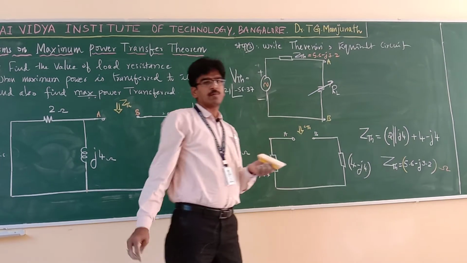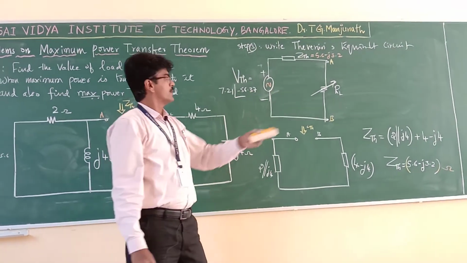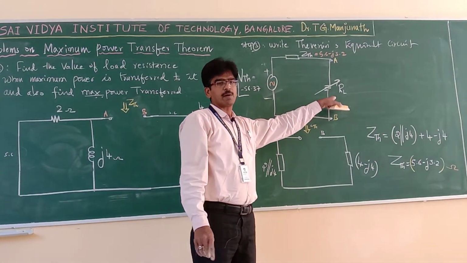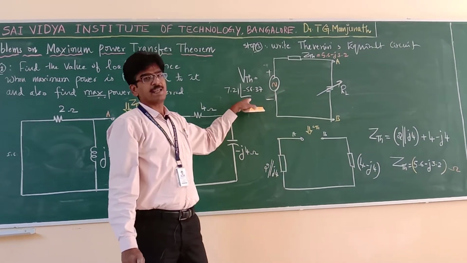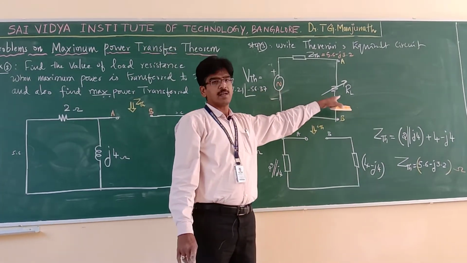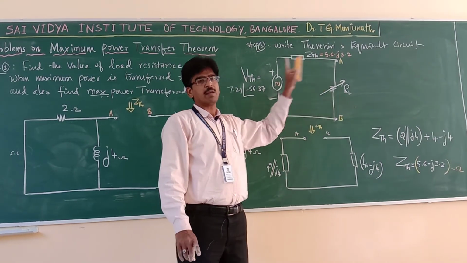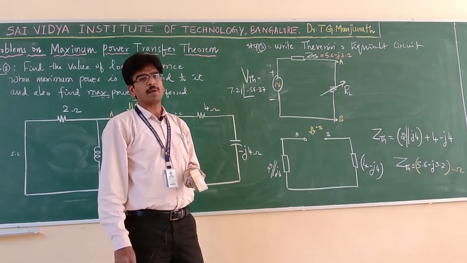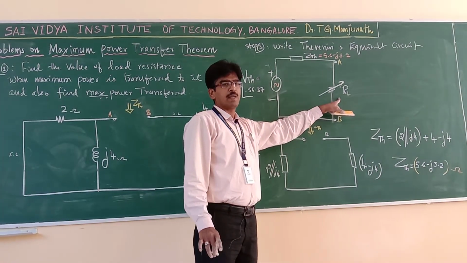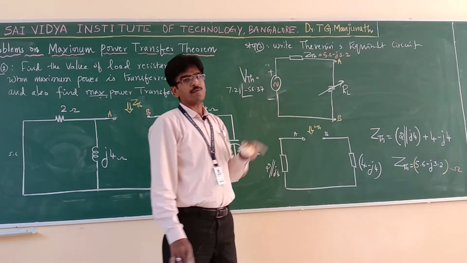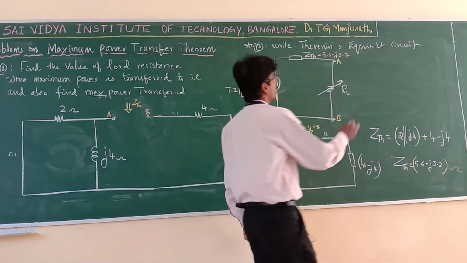Purely resistive load, and it is a variable load. So what is the condition for maximum power transfer? It is the second case. Source is AC, load is purely resistive, and it is a variable load. The condition for Pmax is the load resistance should be equal to the magnitude of source impedance.